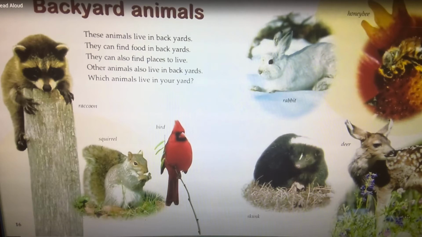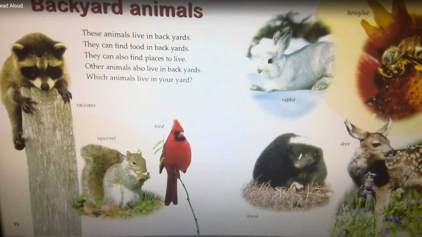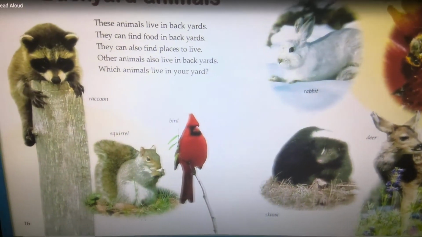We don't see rabbits that much around here. We don't see deer or skunk. But when you look out your window, there are animals that live in our habitat. You could almost say that Kew Gardens is our habitat. Which animals live in your backyard?